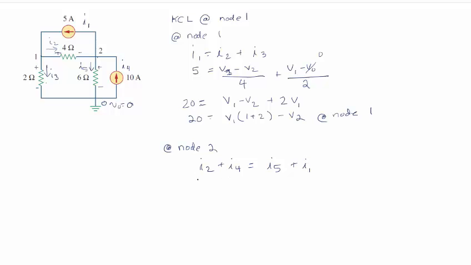So I2 is voltage at 1 minus voltage at node 2 divided by 4. I4 is 10 amps. I5 is given already, 5 amps. And I1, whoops, I5 is not given.